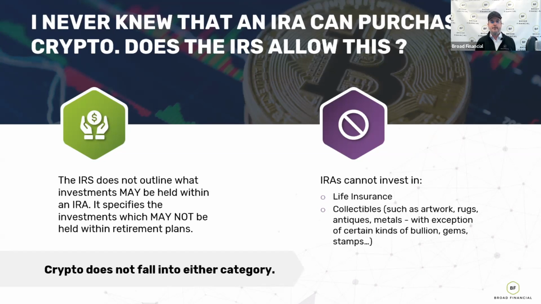That means you can't invest in collectibles and life insurance. So everything else is in play. In fact, a few years ago, the IRS declared crypto to be property. So certainly, it's one of the things you're allowed to invest in. Since crypto is not a collectible and not life insurance, you can invest in crypto.